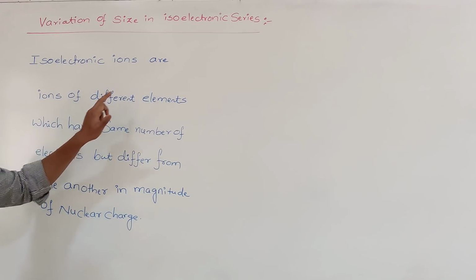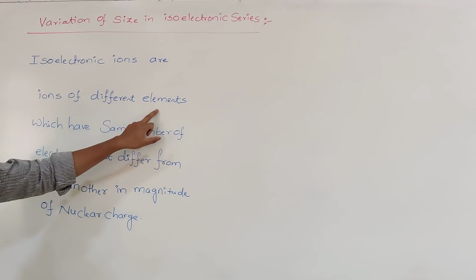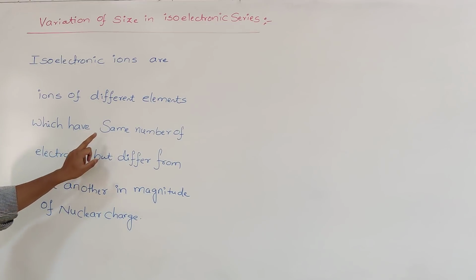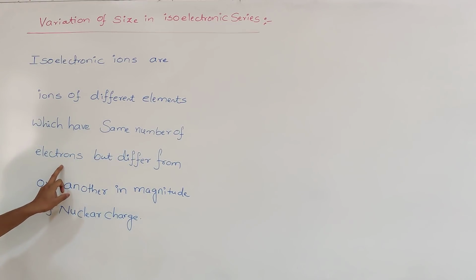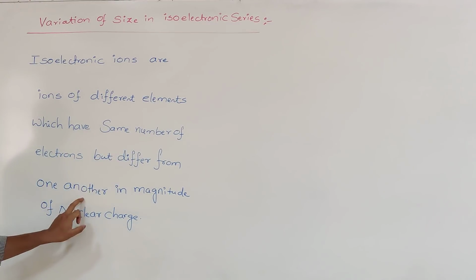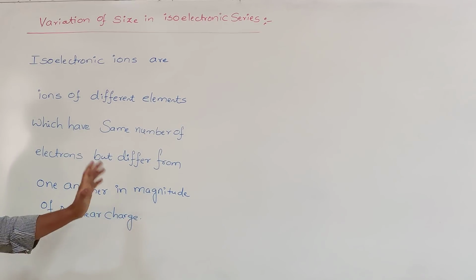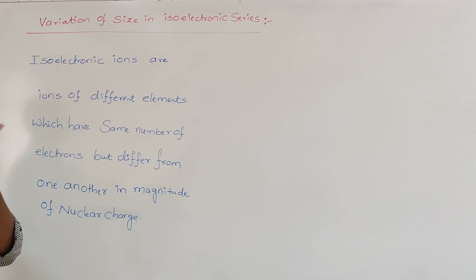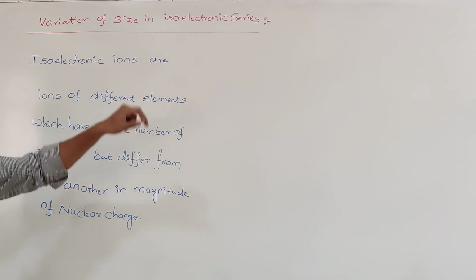Isoelectronic ions are ions of different elements which have the same number of electrons but differ from one another in magnitude of nuclear charge. The same number of electrons are present but different numbers of protons. So they carry some charge. So they are called isoelectronic ions.